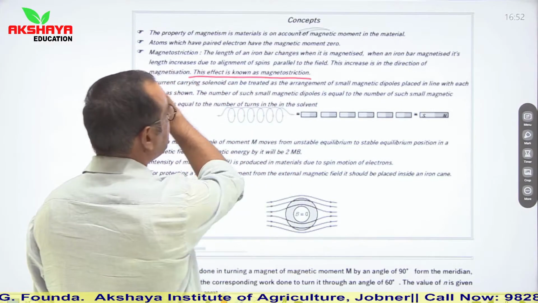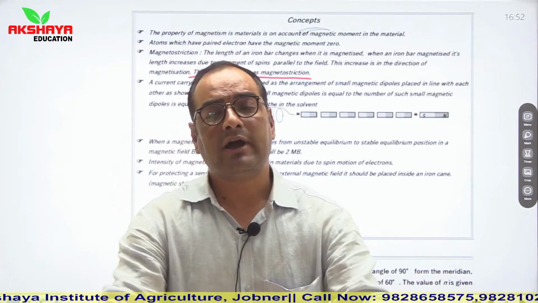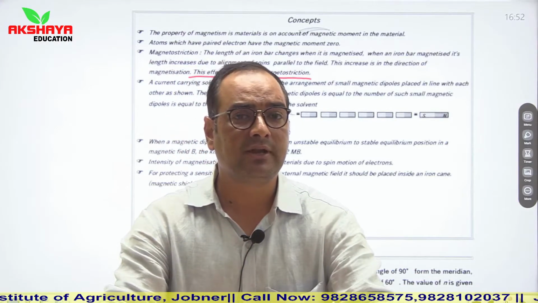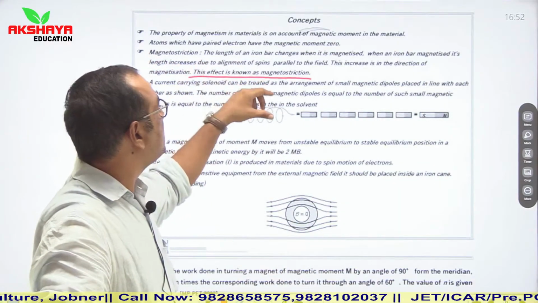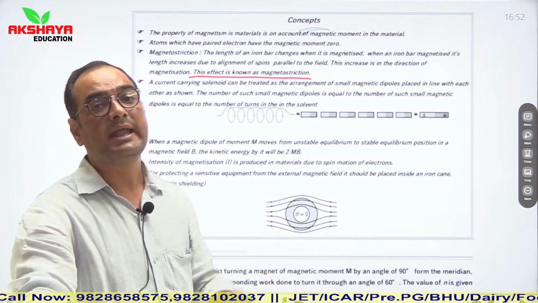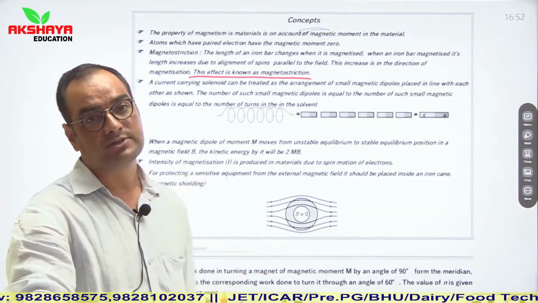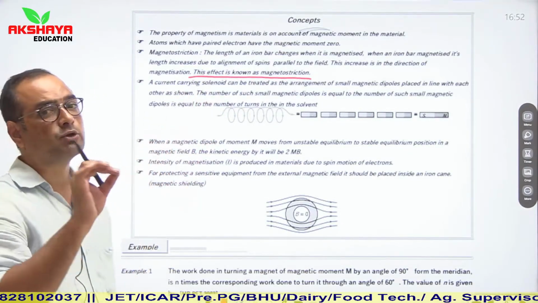Whenever an iron bar is magnetized while placed parallel to an external field, the spins become aligned in the direction of the field, so the length of that iron bar increases.